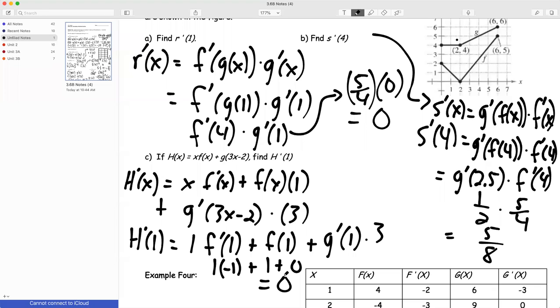So f prime of 1, I'm looking at the slope, which was negative 1. F of 1 is just the value of the graph of f at 1, which was also 1. And then g prime of 1 is the slope of g at 1, which was 0. So I've got negative 1 times negative 1 plus 1 plus 0, which is 0.